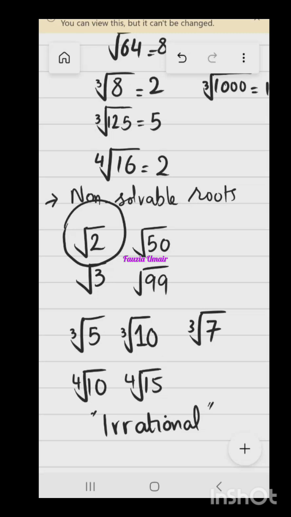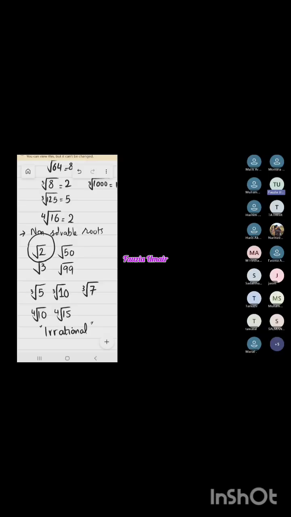So who invented irrational numbers? Which mathematician? Pythagoras. Gigi, you can tell.